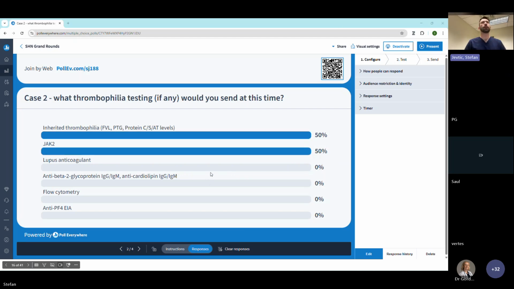Okay, good. So we have some inherited thrombophilia, some JAK2 testing. No one is sending APLAs or HIT testing so far.